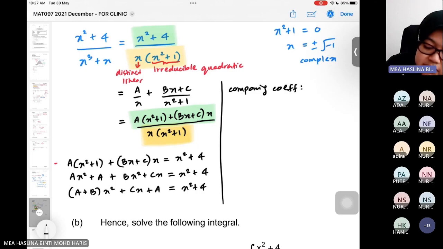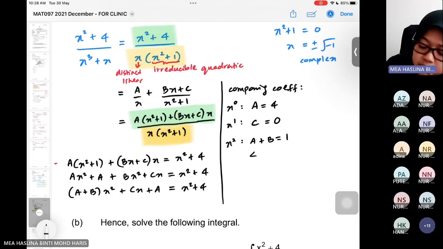For x to the power of 0, or constant, you obviously see A equals 4. For x to the power of 1, you see that C equals 0. And for x to the power of 2, it's A plus B equals 1. A has been obtained earlier, so 4 plus B equals 1, B equals negative 3.